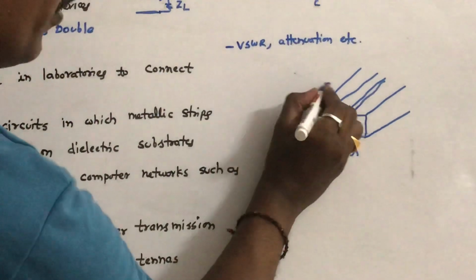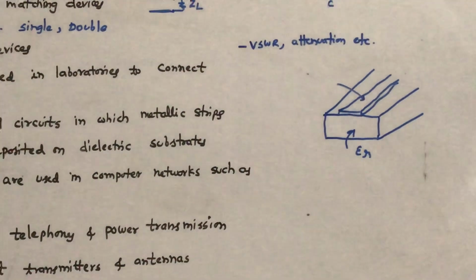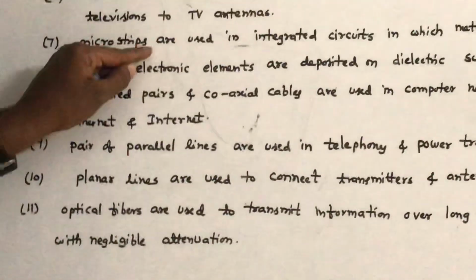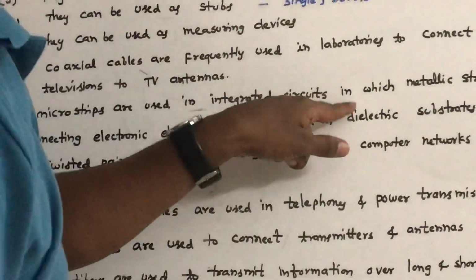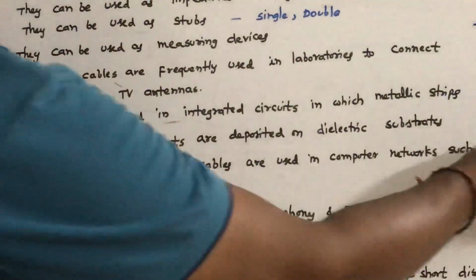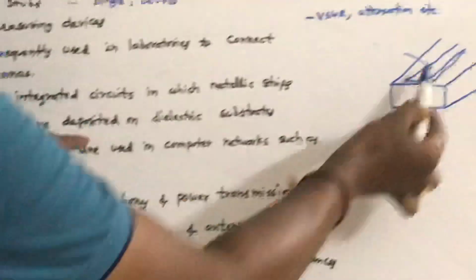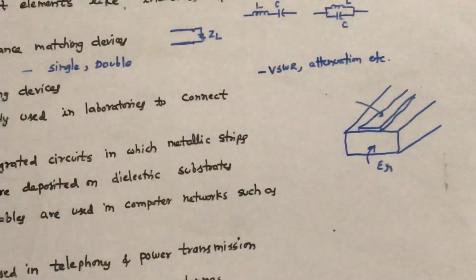This strip is used to connect one element to another element in microwave integrated circuits. So microstrips are used in integrated circuits in which these metallic strips are used to connect one electronic component to another. These strips are deposited over dielectric substrates.